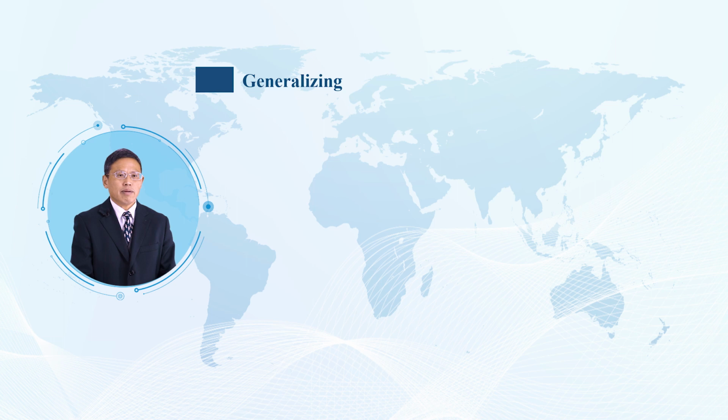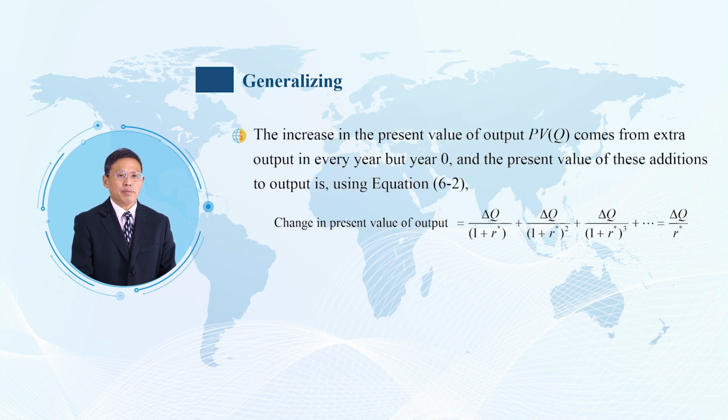The increase in the present value of output, PVQ, comes from actual output in every year but year 0. And the present value of these additions to output, the change in the present value of output, equals the present value of a stream of delta Q, which equals delta Q divided by R star.